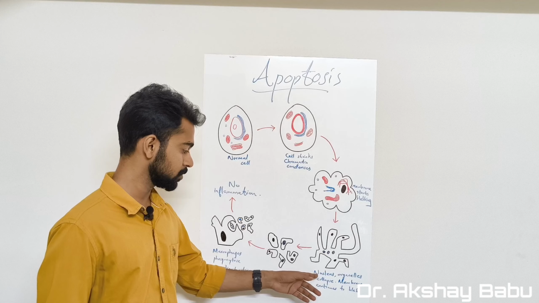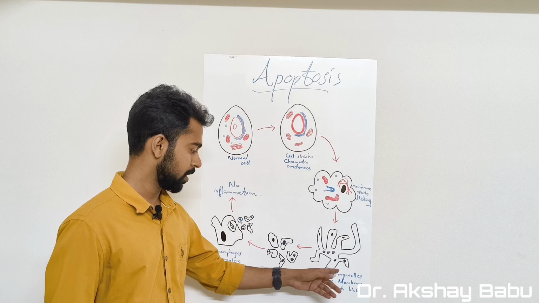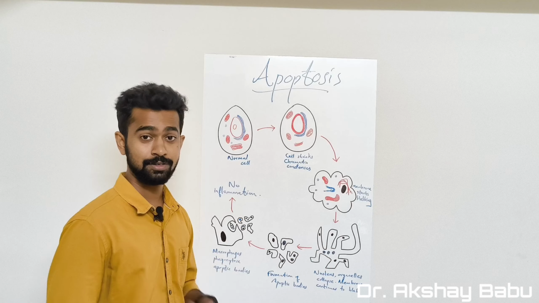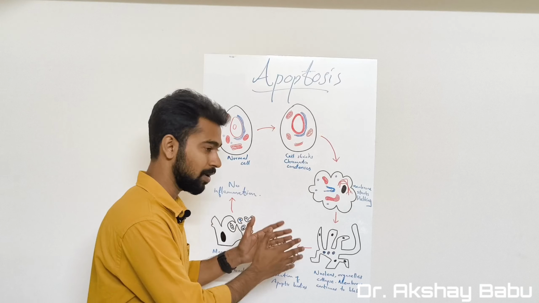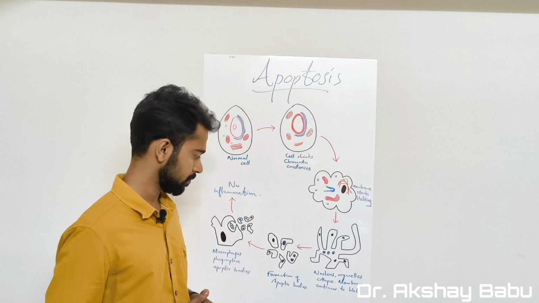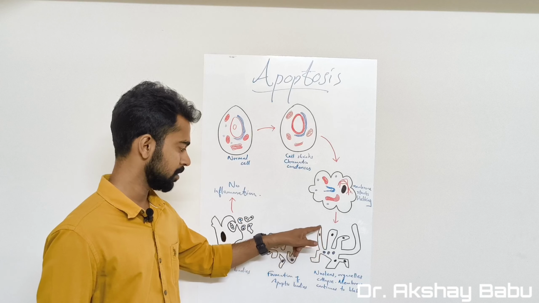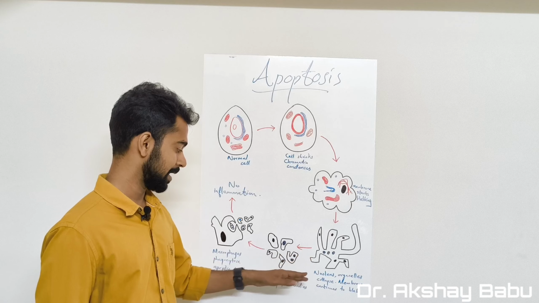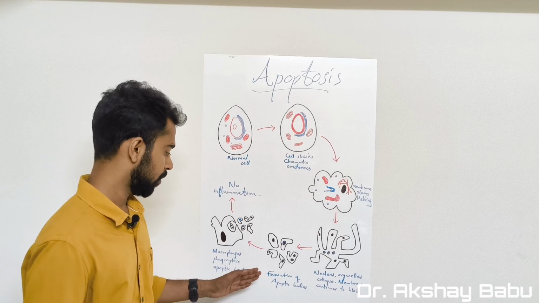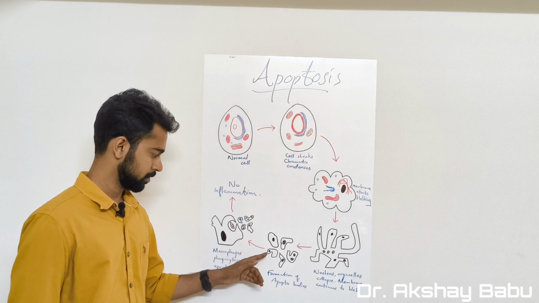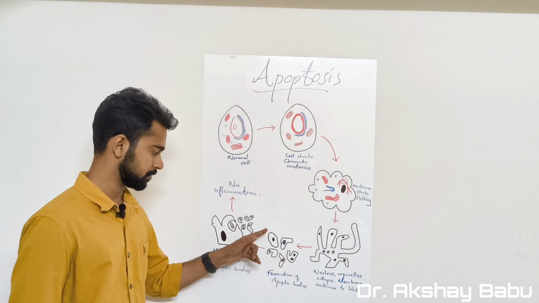And you can see here also this nucleus and organelles are collapsing. Can you see any organelles here? No, it starts collapsing. And here also you can see this membrane starts blebbing even more. And at last you can see formation of these apoptotic bodies. You can see these are the apoptotic bodies.